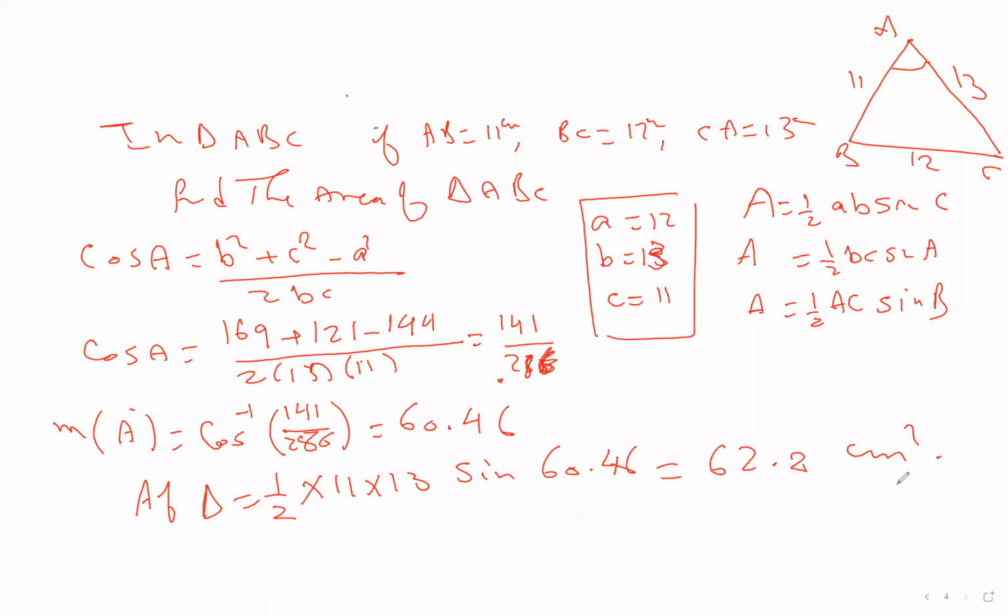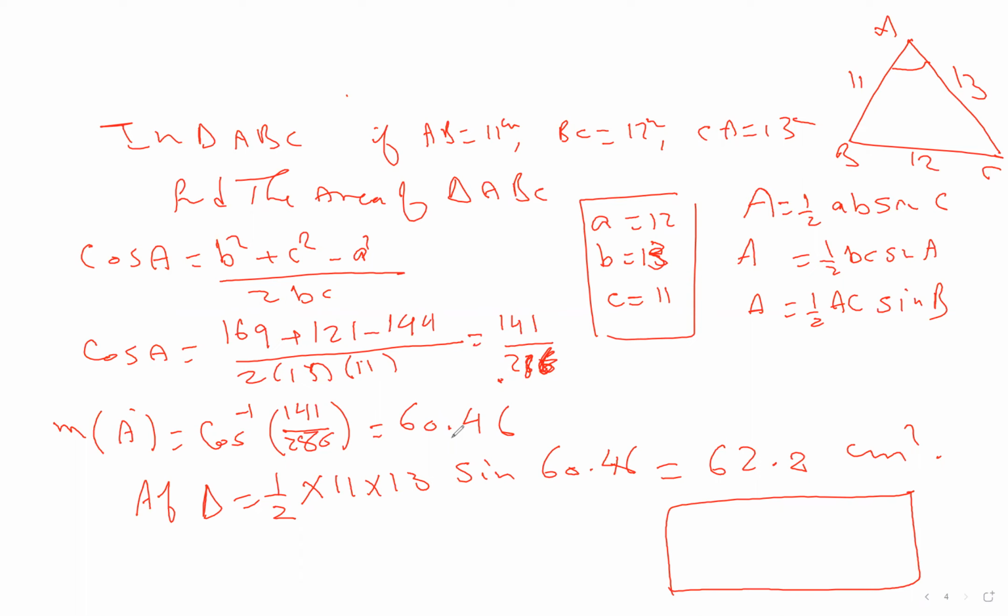If you need to complete this exercise or solve the triangle, now you can use the sine rule. You have the measure of angle A, which is 60.46, and if you need the measure of any other angle, you can use the sine rule or cosine rule. Why? Because the conditions are satisfied now.